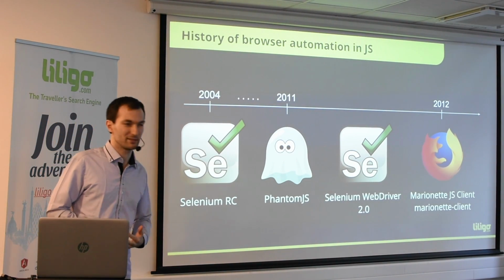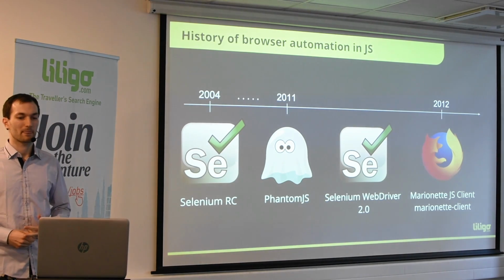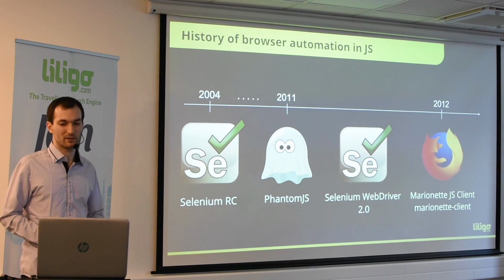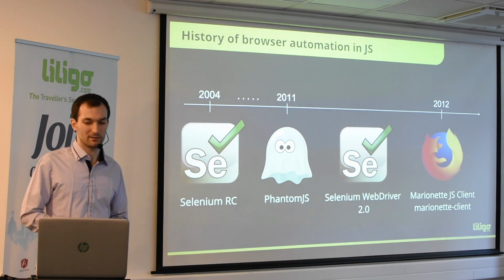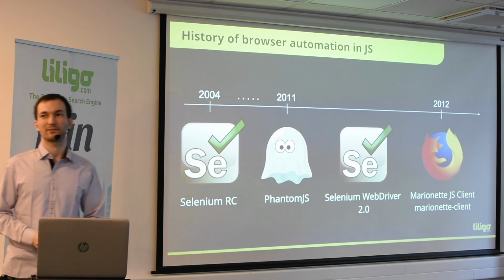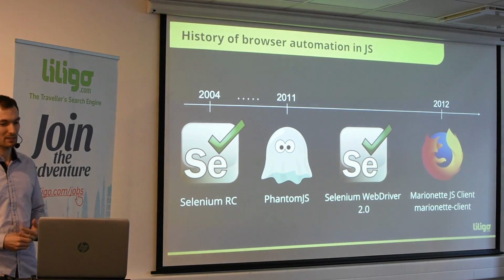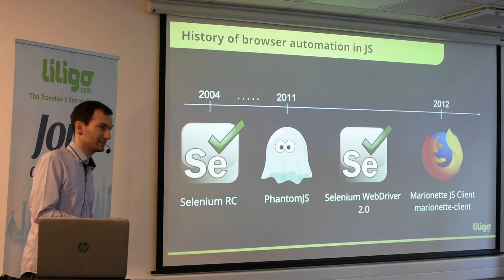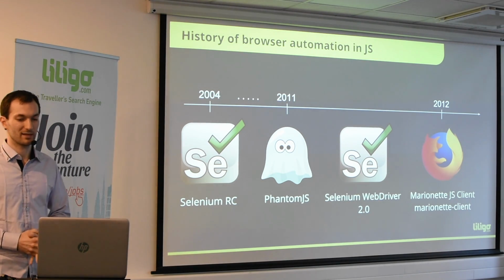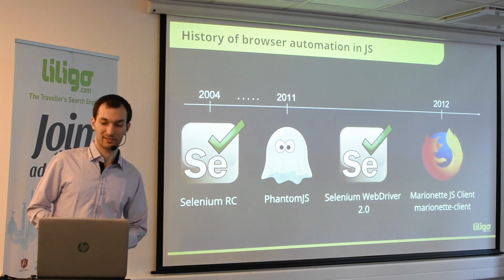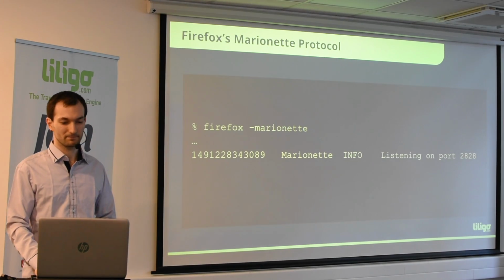Now, in 2012, there was probably one of the first JavaScript libraries that was able to control the browser directly, and it was a client for Firefox's Marionette protocol.